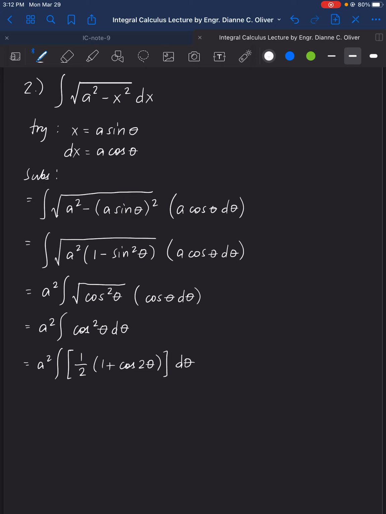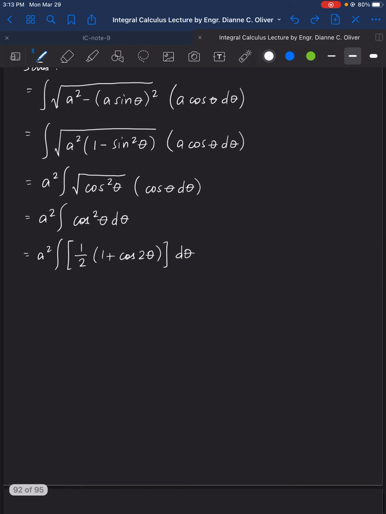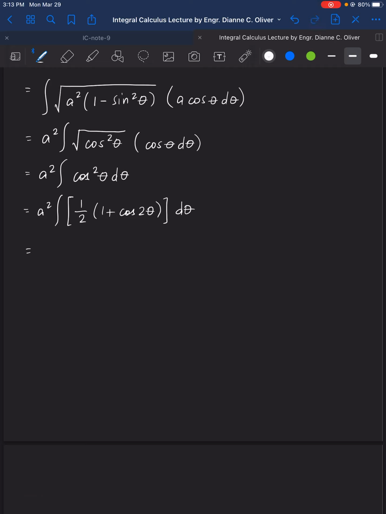If you're going to ask the question, how did I do that, then go watch the previous video on trigonometric transformation. Then let's distribute. Using the distributive property, we have here a squared over 2 integral of d theta plus a squared over 2 integral of cosine 2 theta d theta.